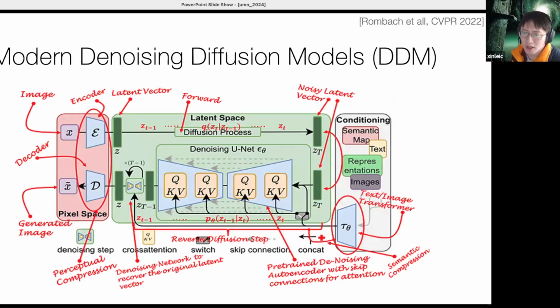But in order to study how much of a role denoising plays in the modern denoising diffusion models, it's quite complicated, because the pipeline itself, this is the annotated version, is super complicated. It has lots of components, and even if this model works for self-supervised learning, we still don't know which one, especially whether denoising is playing a key role in making the pipeline work.